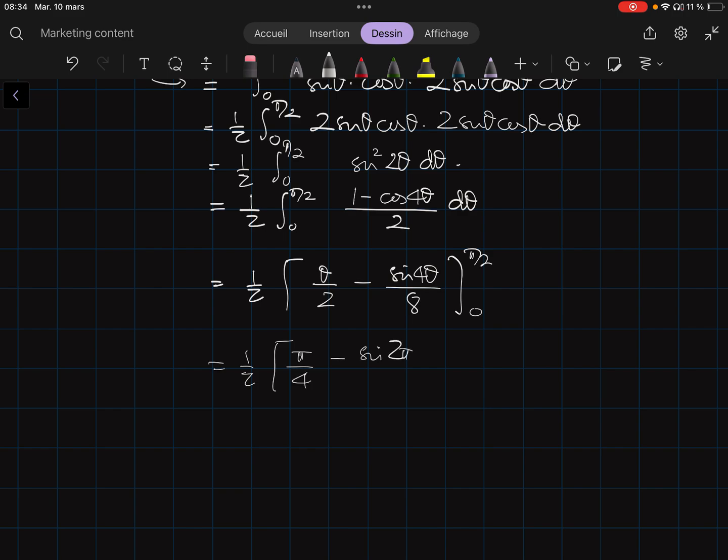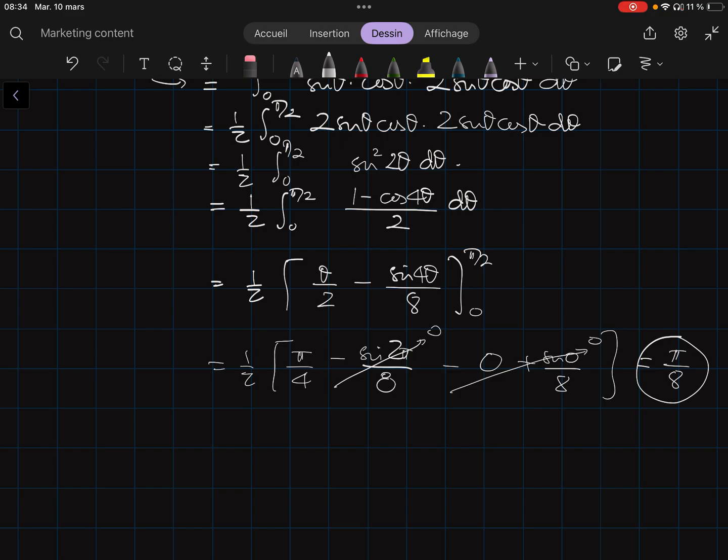Sine of 2 pi is 0. Lower bound. And that will give you pi by 8 as requested.